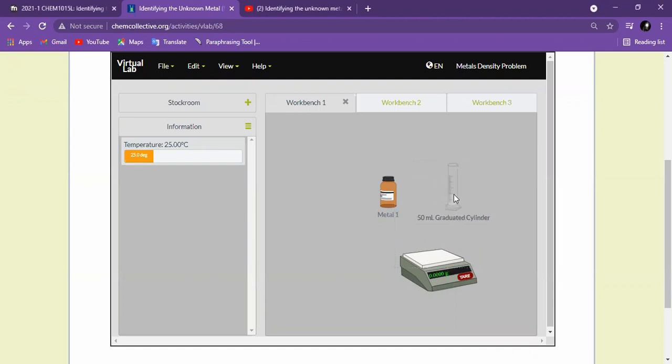Knowing that, you can now remove your graduated cylinder from the scale and proceed to subtract the 73.519 from the 242.65 grams in order to get the measurement of the metal.